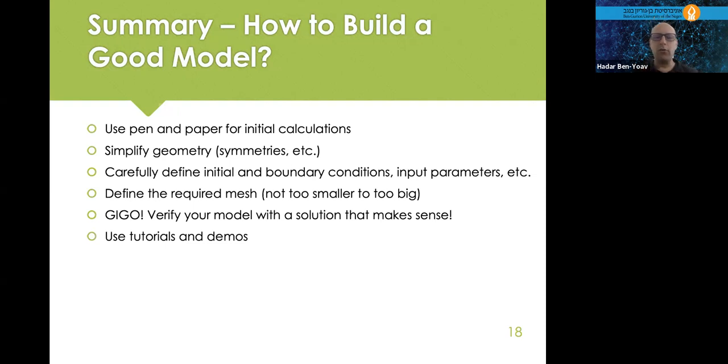Don't come with these kind of results, try to think they're making sense, because in a lot of examples, they're actually wrong. That's what it means, garbage in, garbage out. You put bad parameters and you get garbage, which is bad numerical models. And obviously, there are a lot of tutorials and demos on the web.